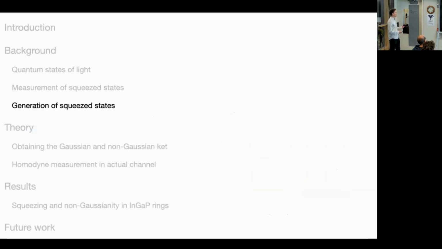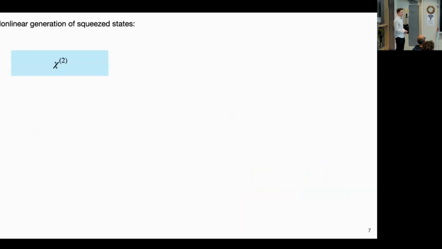Okay, so now I'll talk about the generation of squeezed states in a little bit more detail. One way you can do it is with a nonlinear material that has a second order nonlinearity, like a Chi2 tensor. We shine on the material a pump with frequency omega p, and this is a strong laser.